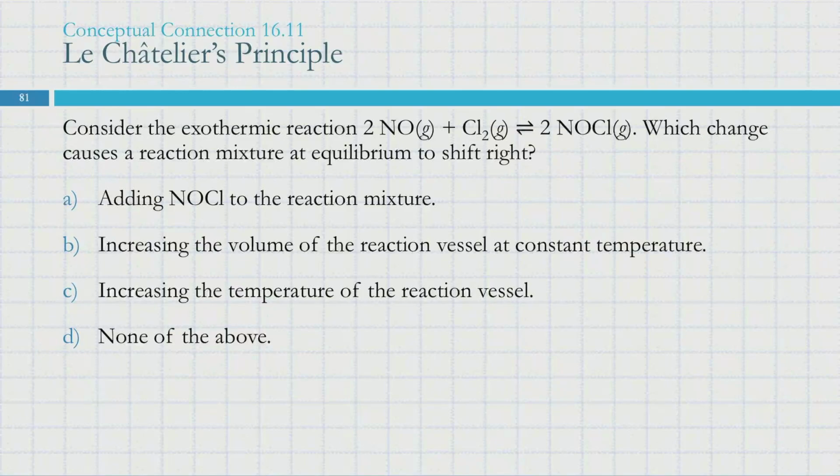Let's run through them one at a time. So for A, we're adding NaCl. Increasing the concentration of the product will increase the reaction rate in the opposite direction, so that will cause a shift to the left. So it's not A.